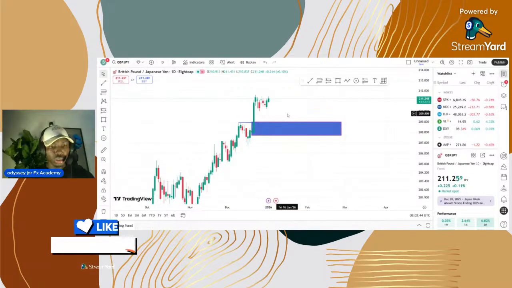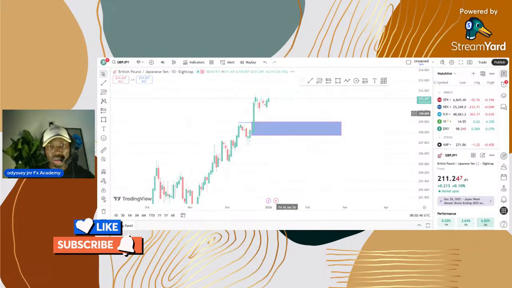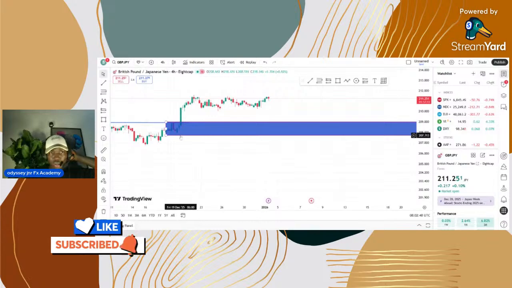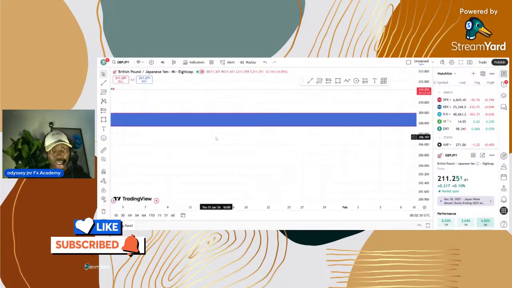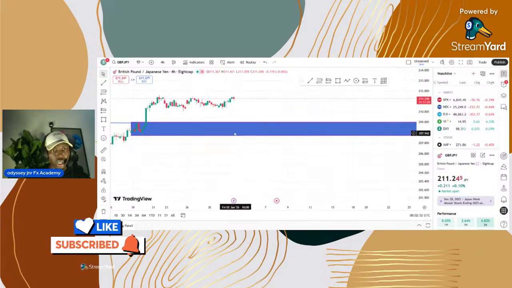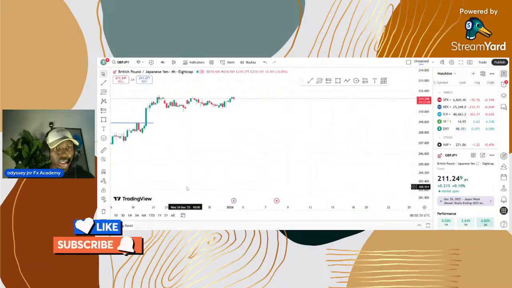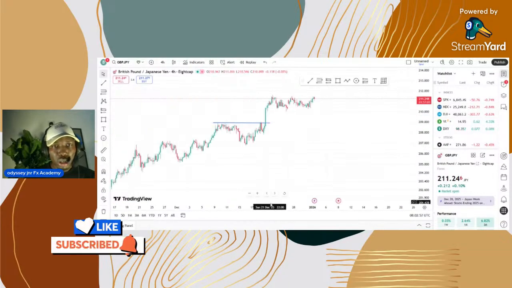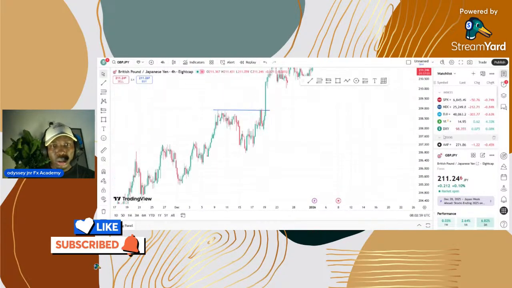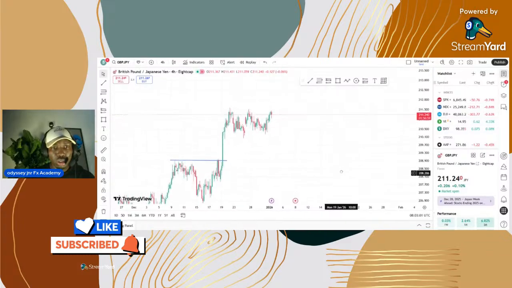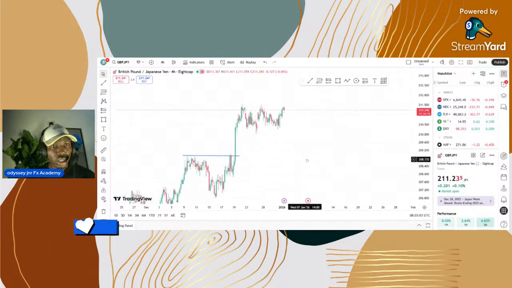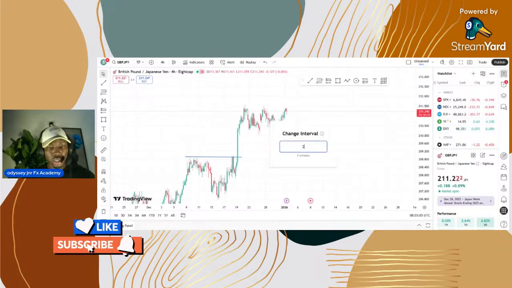So we go to the 4 hours to see what we have here. In the 4 hours, we still have our bullish structure. Then we go to the 2 hours.